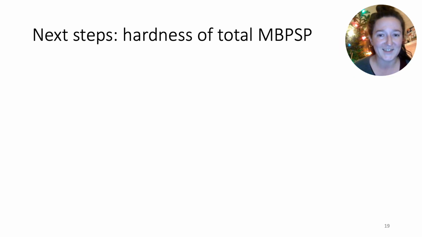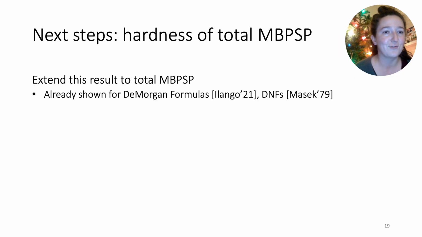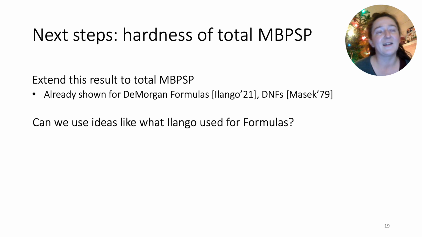One of the main next steps is to show hardness of MBPSP, similarly to what was already shown for De Morgan formulas and DNFs. One of the ideas we had is to use ideas similar to what Ilango used to show a reduction from partial formula minimization to total formula minimization.